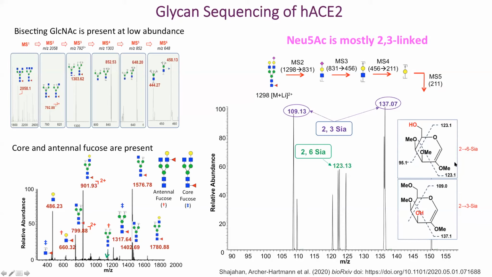Having run standards, we know that the 2,3 linked sialic acids will have particular fragments at 109 and 137, and the relative ratios show that the predominant fragment is coming from a 2,3 linked sialic acid.